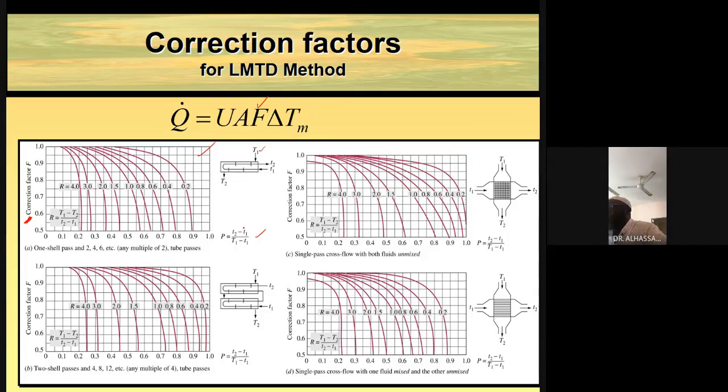If you know these quantities, small t1, small t2, big T1, big T2, you substitute into this equation, then you can get the value for P. You understand me? Similarly, R can be calculated using this equation: R equals big T1 minus big T2 divided by small t2 minus small t1. For example, assuming you get the value for R to be about, let's say, 1.5, and then you get the value for P to be about 0.5.